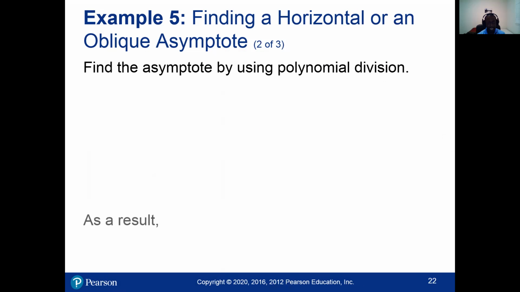We take the numerator, 2x cubed plus 3x squared plus 2. A term is missing, so we introduce the missing term, 0x, and we divide this by x squared plus x plus 1.